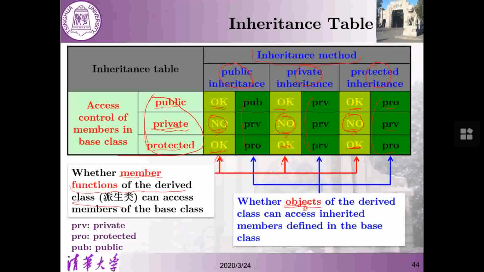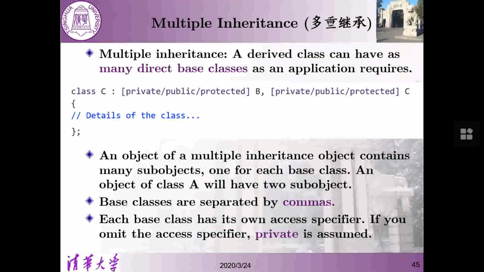Protected is similar to private if we access from objects, right? So we still cannot access these members, okay?